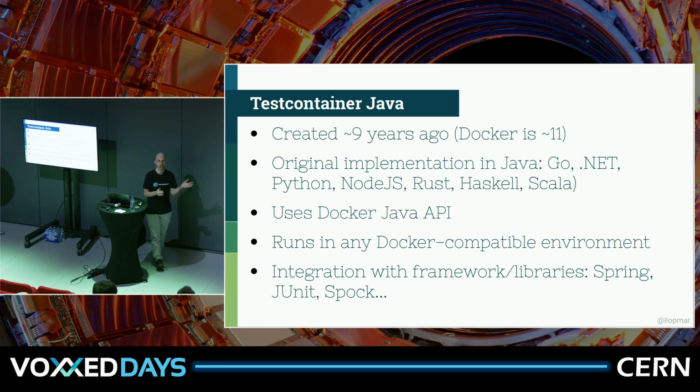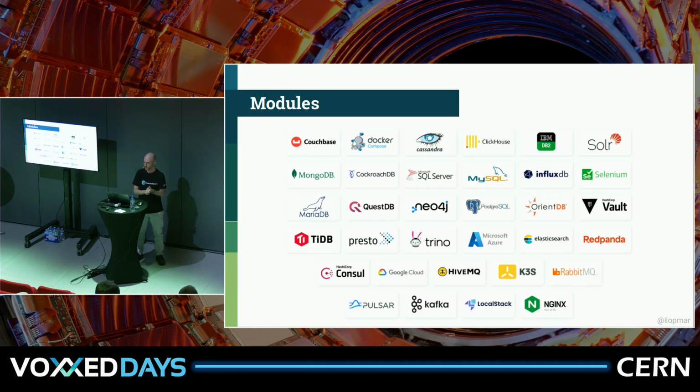And of course, it has an amazing integration with frameworks and libraries that we use in the Java world. So for Spring, Micronaut, Quarkus, JUnit, Spock, you have amazing integration, and we are going to see how well it integrates with Spring Boot. These are just a few modules, and having a module for Testcontainers means that there is a specific integration for that.